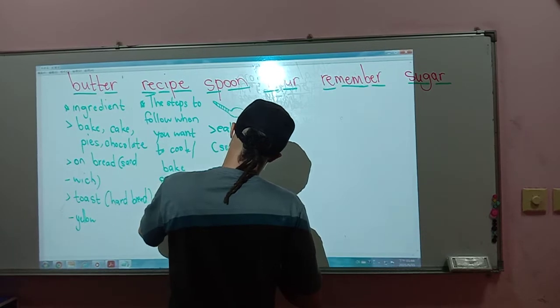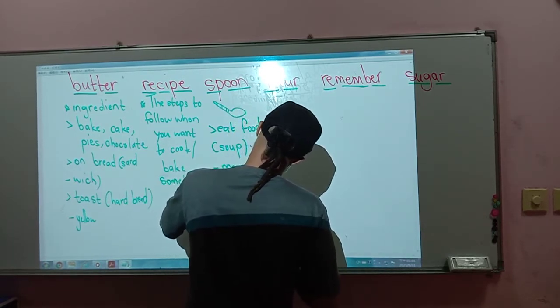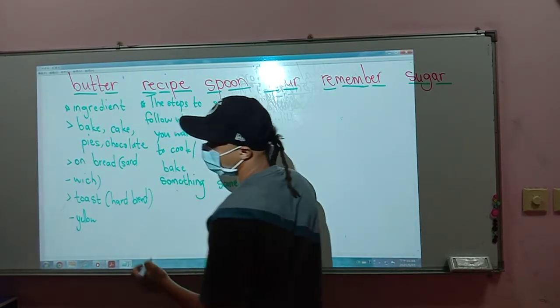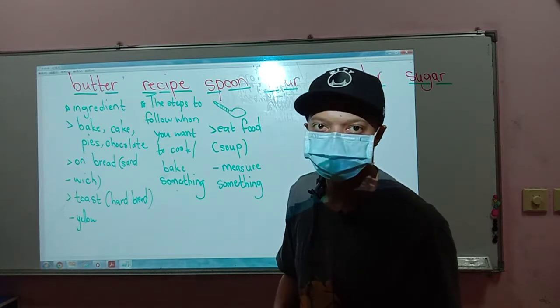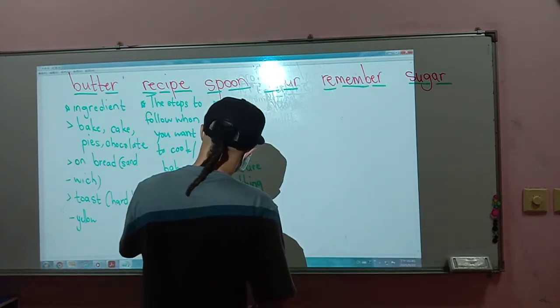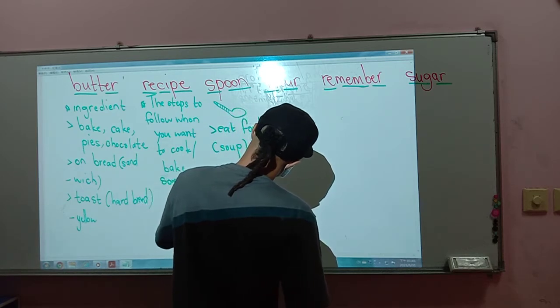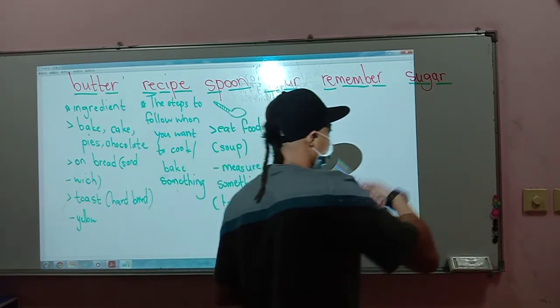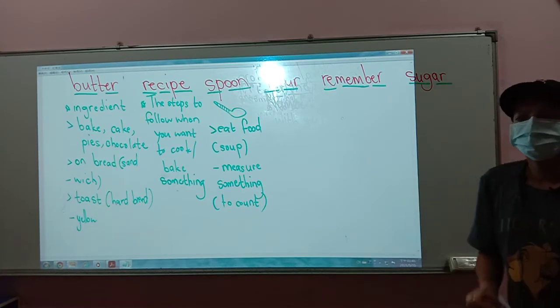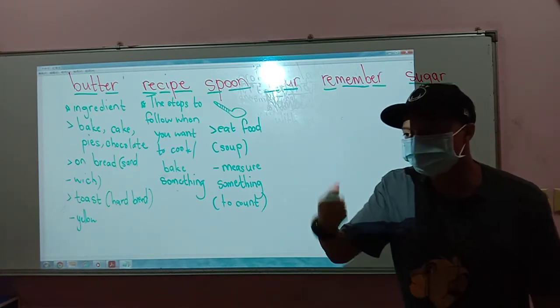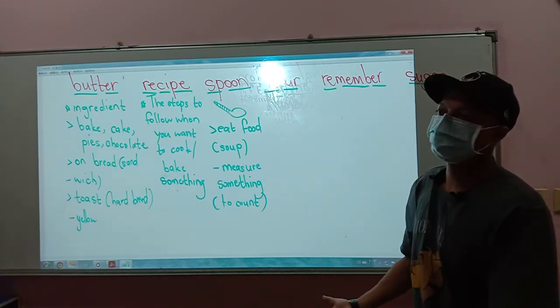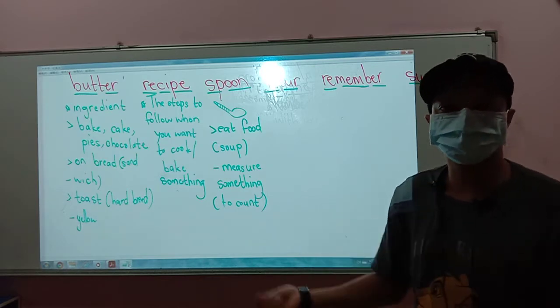To measure something, so measure means to count how much of something there is. All right, so they use it to count. For example, if we are making a cake, I need 2 spoons of oil, okay, or I need 2 spoons of butter, right?